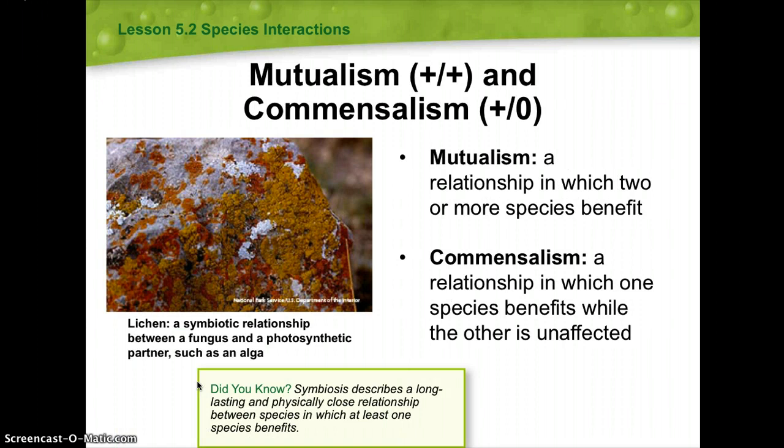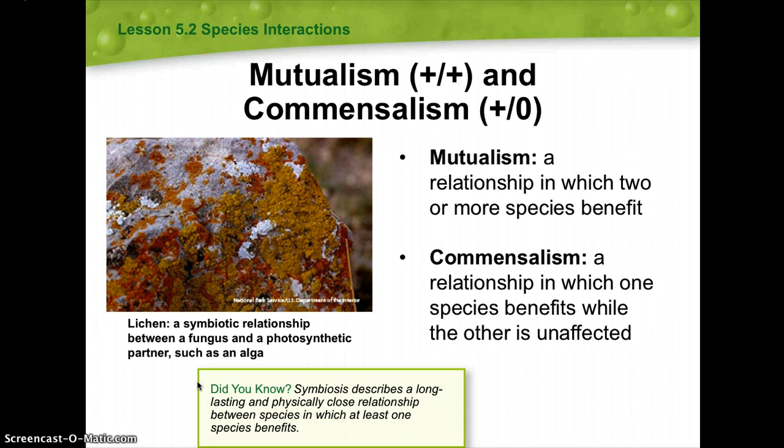The next type of symbiotic relationship would be mutualistic, where both organisms benefit, or a commensalistic relationship, which is when one organism benefits and the other has no effect at all. A mutualistic relationship is a relationship in which two or more species benefit.